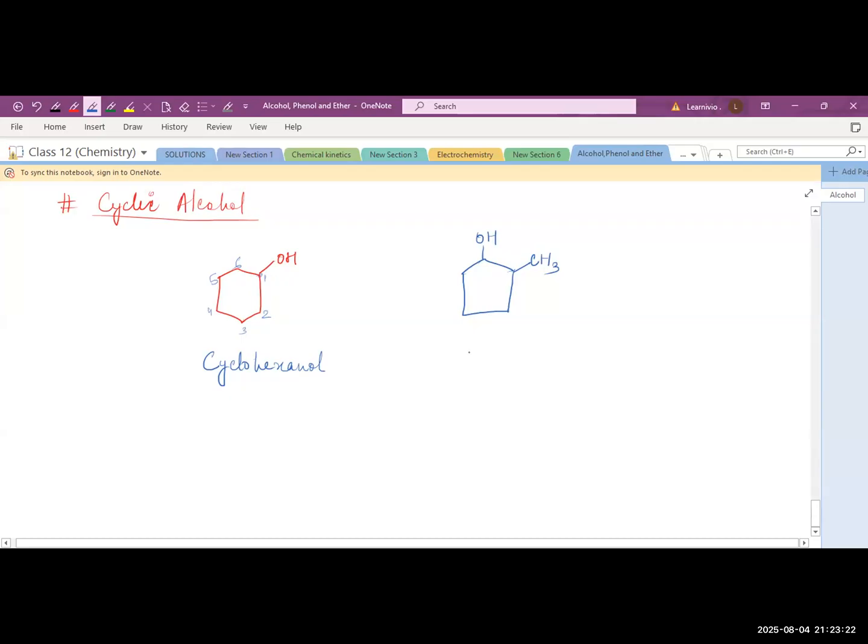You will start numbering from here, 1, 2, so 2 methyl cyclopentanol. Yeah, very good. Cyclopentanol. So that's how we can name the cyclic type of structure. It's very simple.